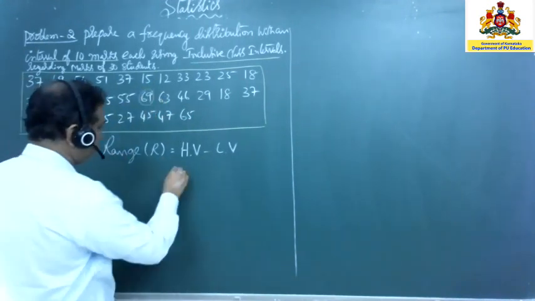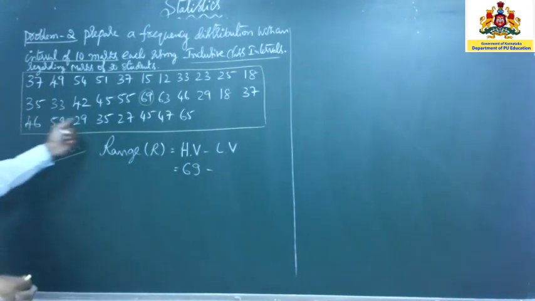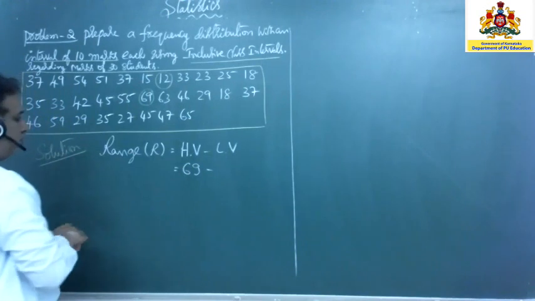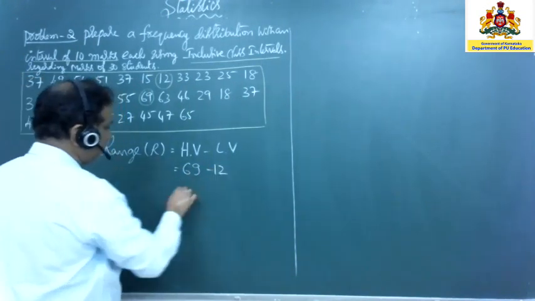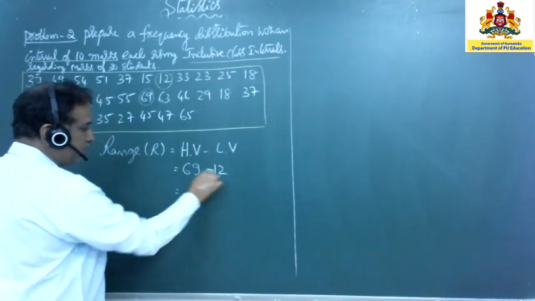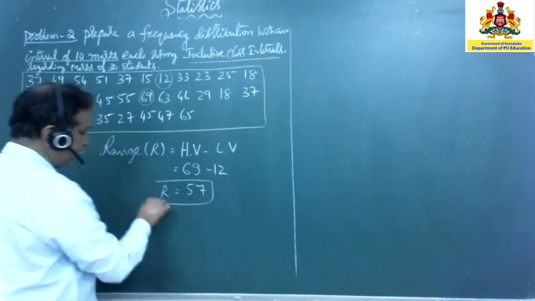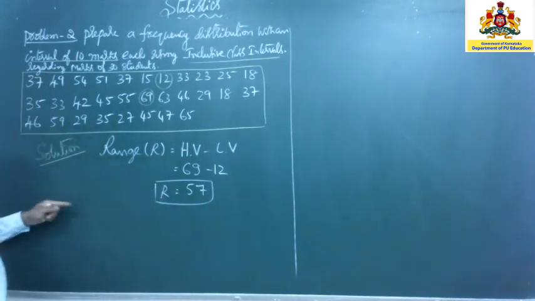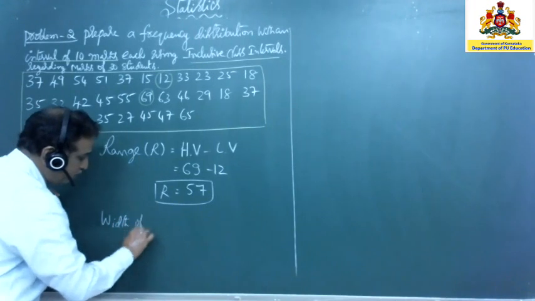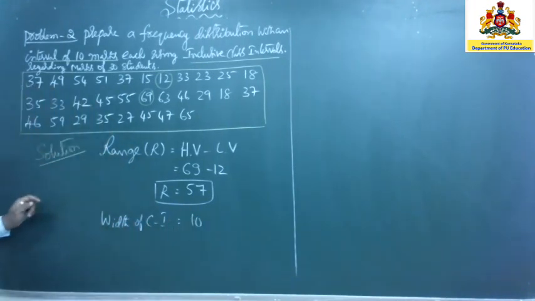And what about the least value? 12 is the least value. 69 minus 12 is 57, so 57 is the range. Also in this sum, the width of the class interval is 10.